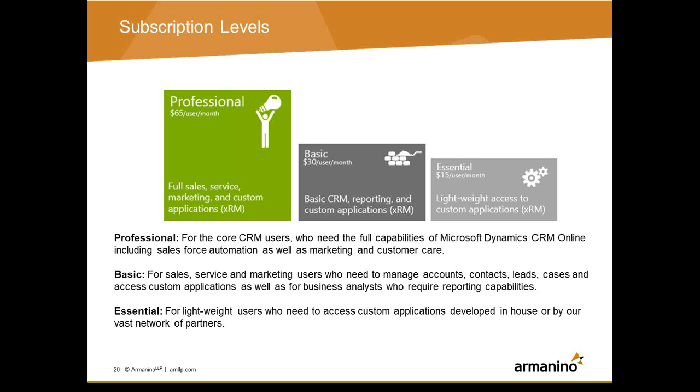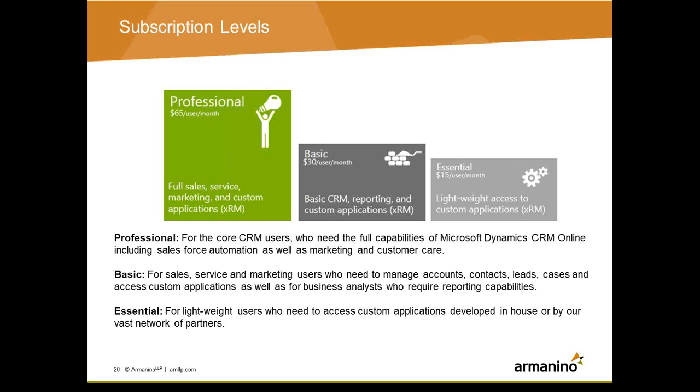Yeah, the fact that there are 3 different levels. Professional gives you full access to the system, and the price for that is $65 per user per month for the online version. The basic version basically just gives you some read-write capability to some of the basic data elements like accounts and contacts, cases, but doesn't allow for that process-driven user interface that Rob was talking about.